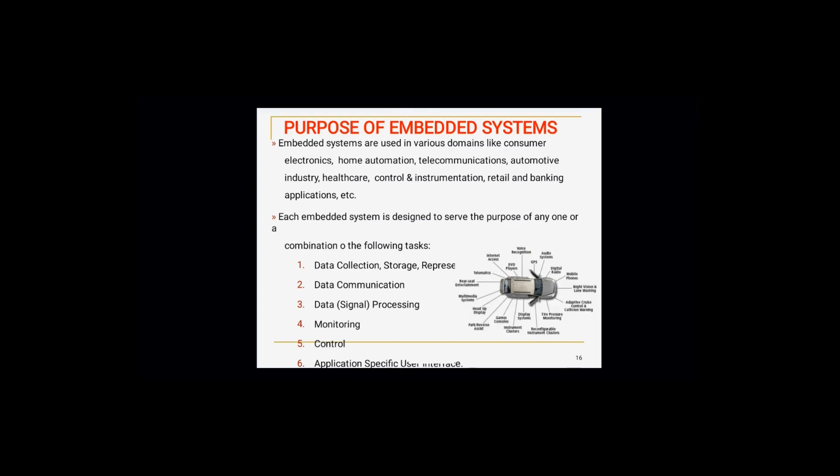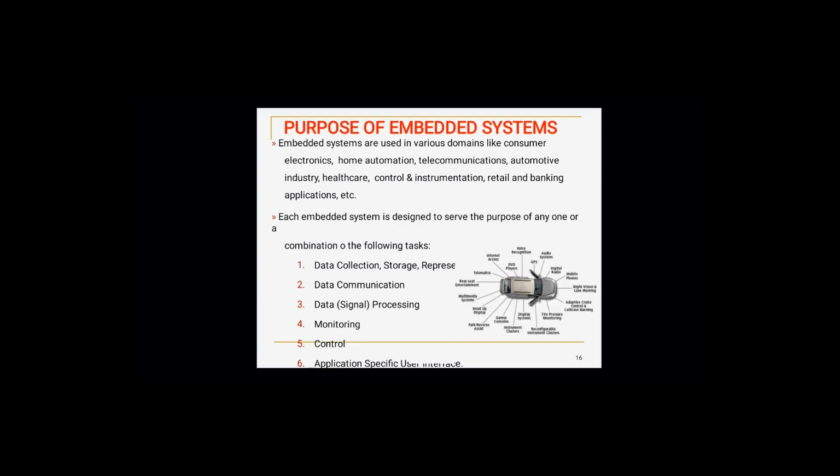Then the purpose of embedded systems. The same concept: what is the purpose? What are the various purposes of embedded systems? We design embedded systems for various tasks, and that is the purpose: data collection, storage, communication, data processing, monitoring, controlling. For example, a calling bell is a monitoring system.